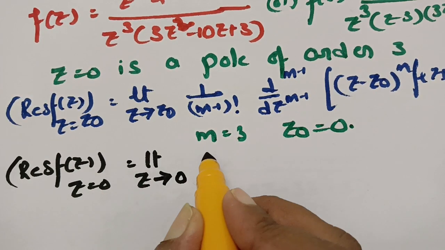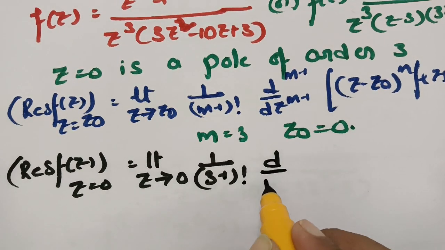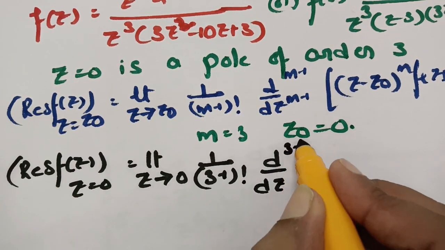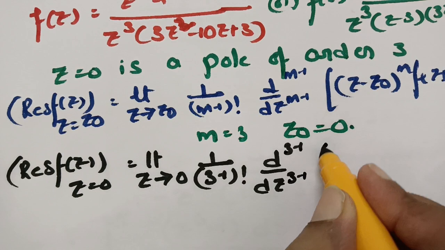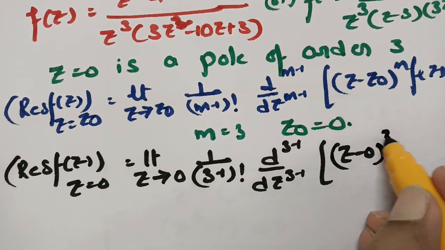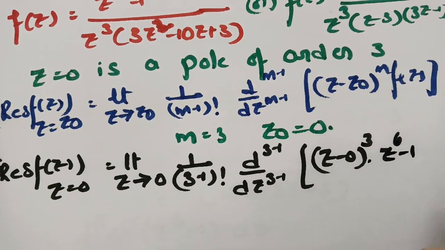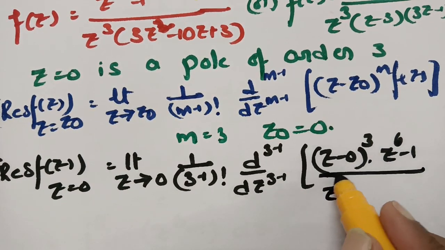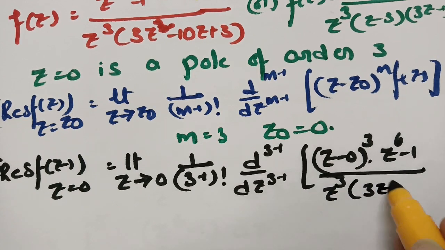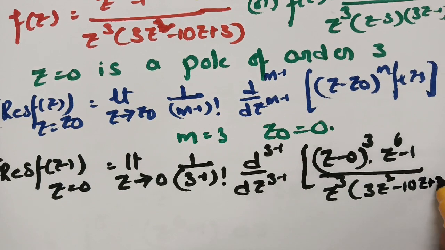The residue is limit z tends to 0 of 1 by (3 minus 1) factorial into d by dz power 3 minus 1 of (z minus 0) power 3, where m is 3, into f of z. F of z is nothing but (z power 6 minus 1) by z cube into (3z square minus 10z plus 3).